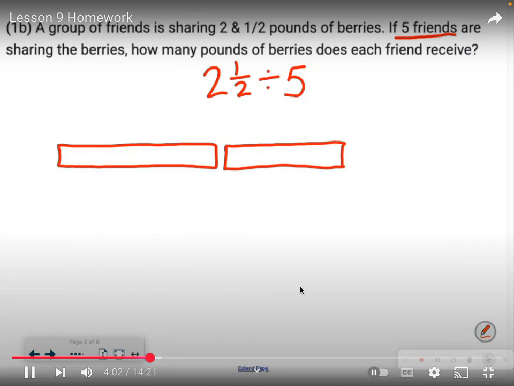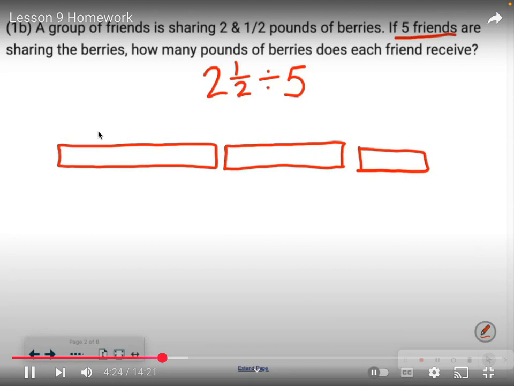There's 2 wholes, and then there's a half, and I just have to be mindful that that is just a half. Now I want to think, how can I split this up so that I can divide it 5 ways? You wouldn't want to split it into fifths, because you can't split a half into fifths.